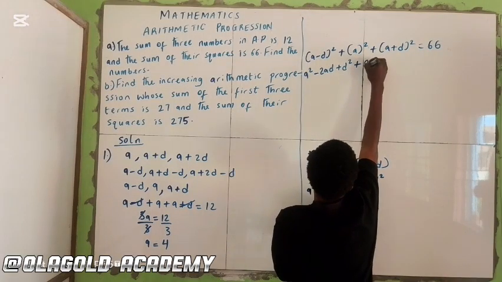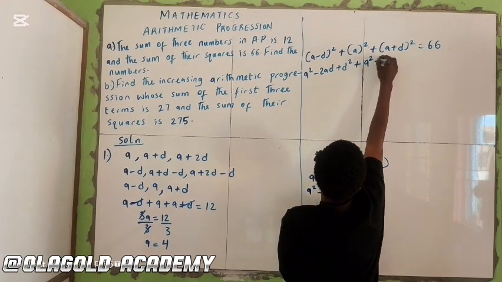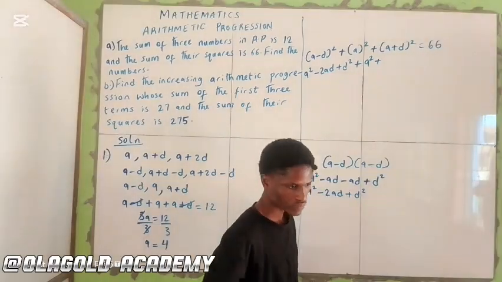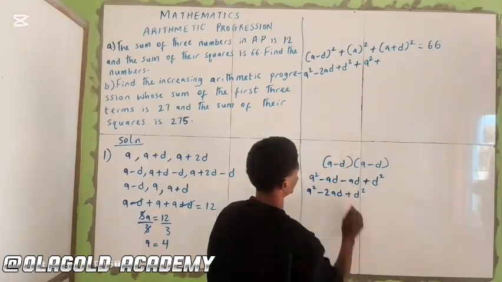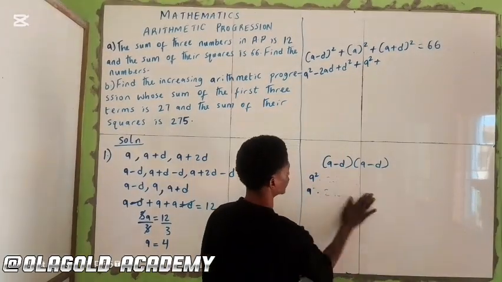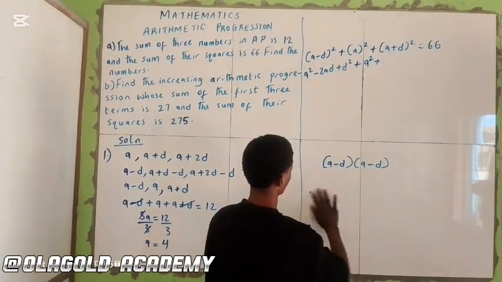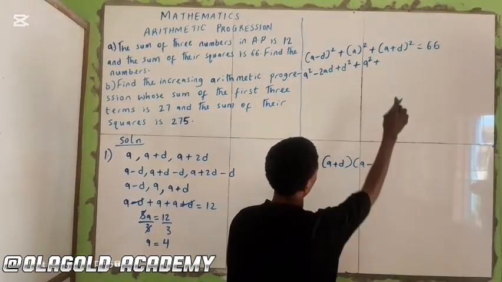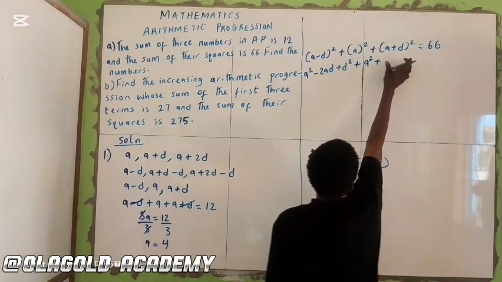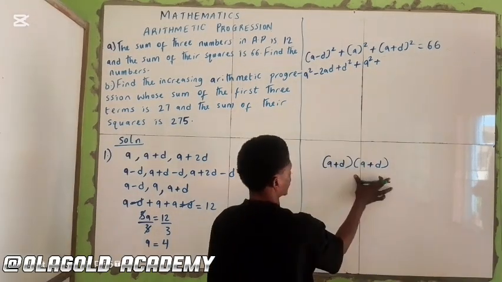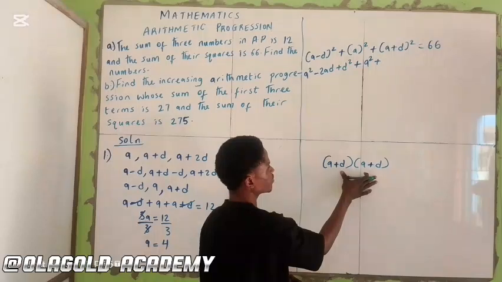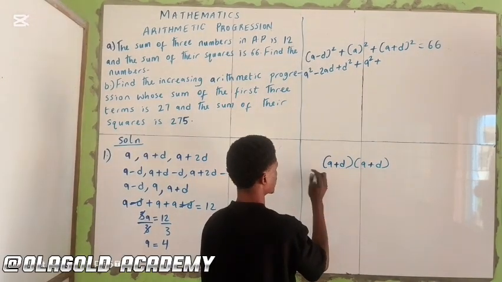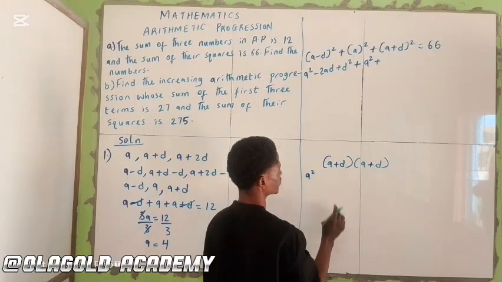Plus A squared, plus, now let's open this bracket also. We have A plus D multiplying another A plus D. If you open the bracket, A times A gives us A squared.